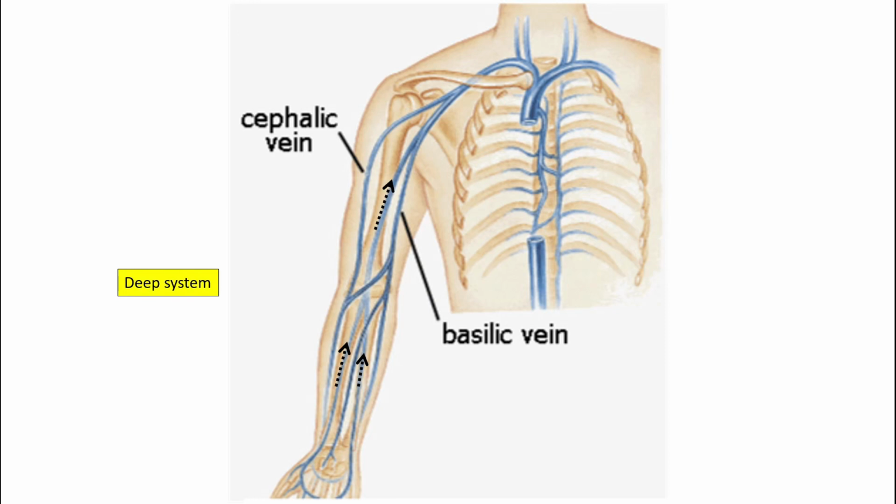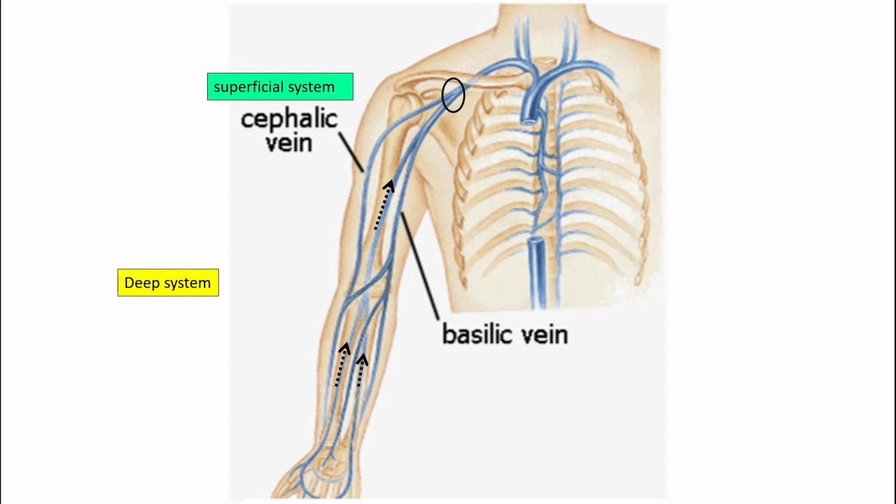This system of deep veins will end up in the axillary vein, the vein in the axilla, accompanying the axillary artery. Now that is the deep system.